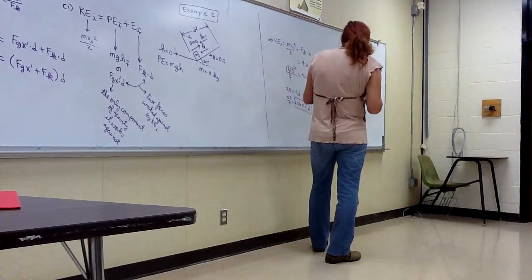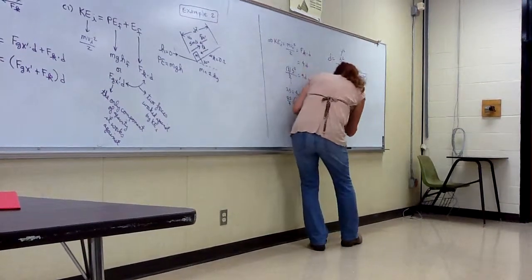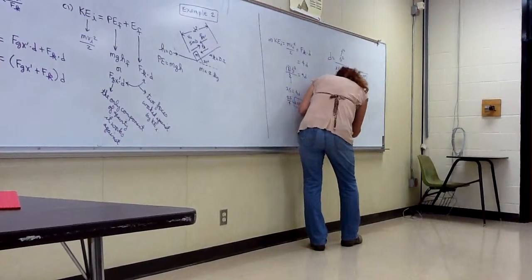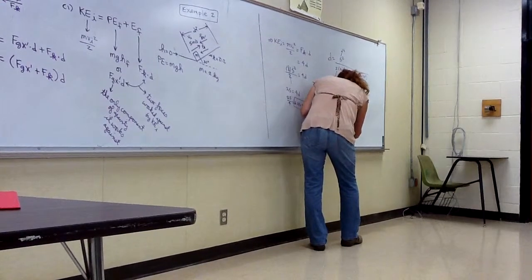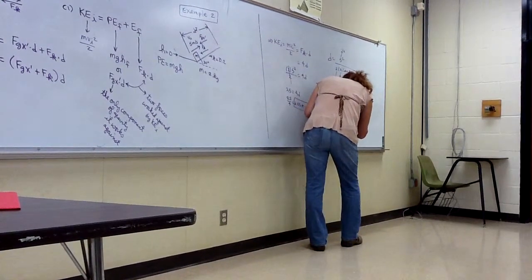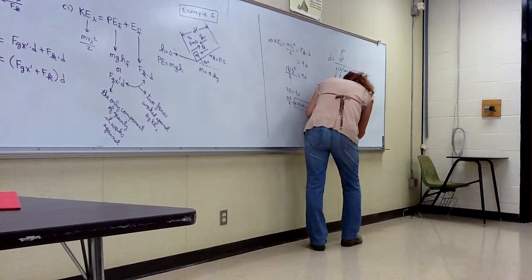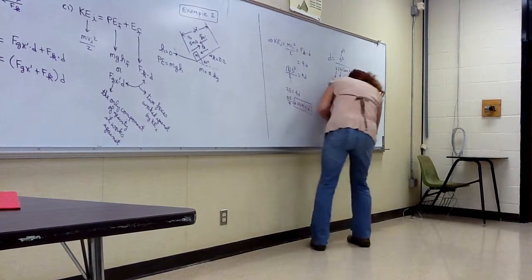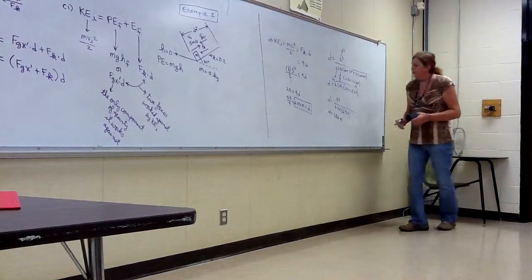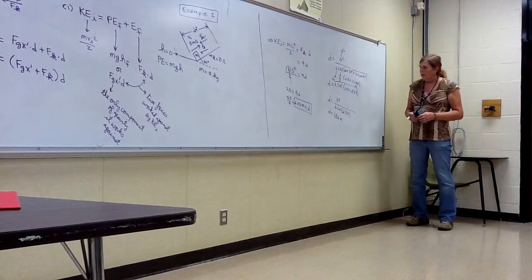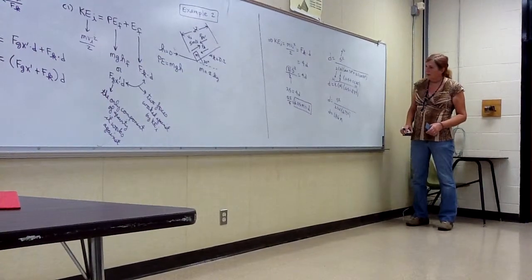Oh yeah, it's only 1.85 or 1.86. So it goes up dramatically less because now it's battling two forces. Okay, so about 1.86 meters. So that's the distance it goes up the slope.